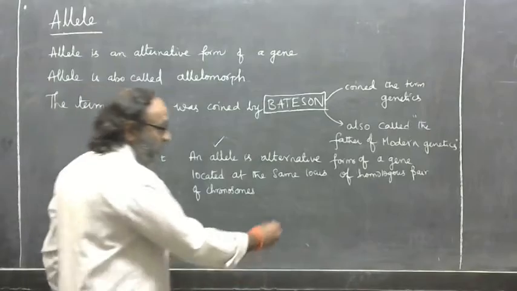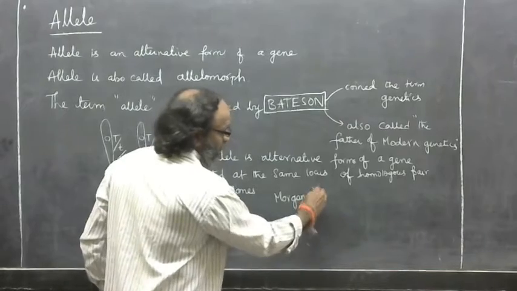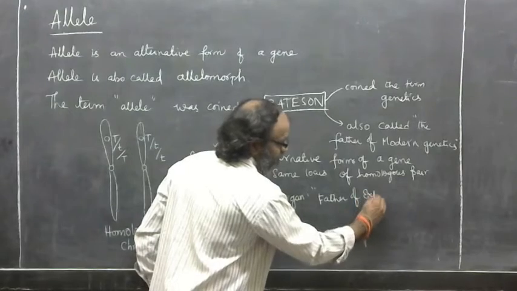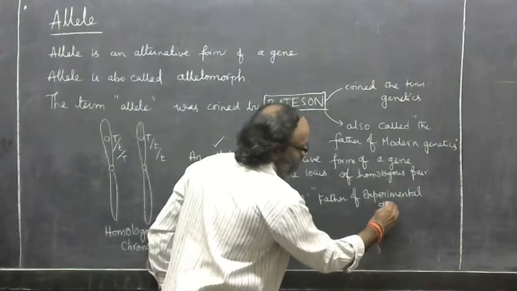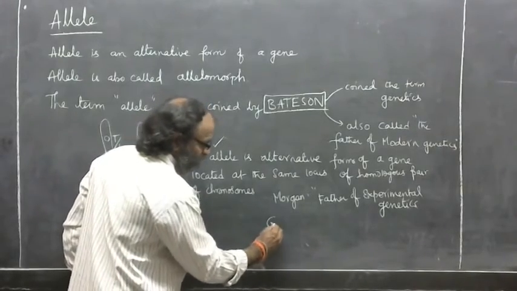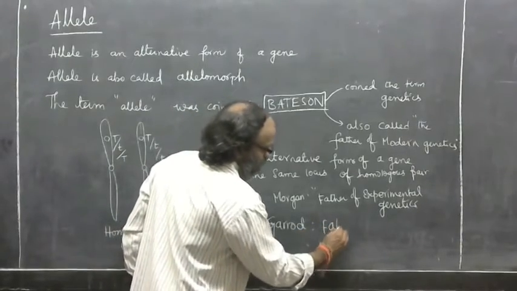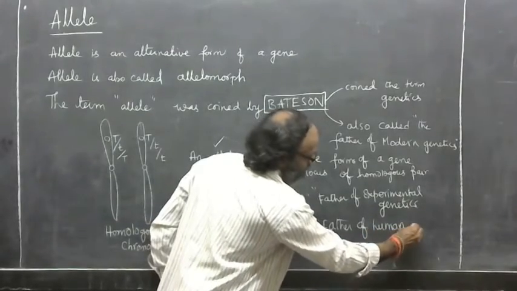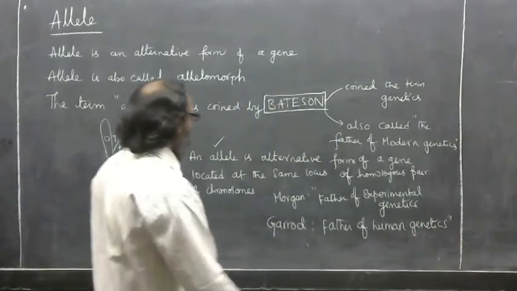So try to remember Morgan as the father of experimental genetics, whereas Garrod is called the father of human genetics.